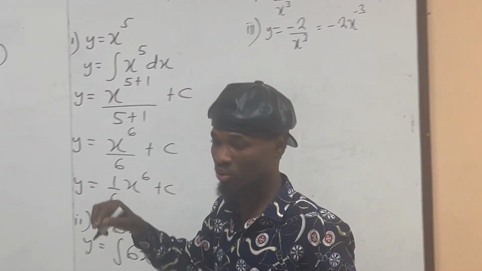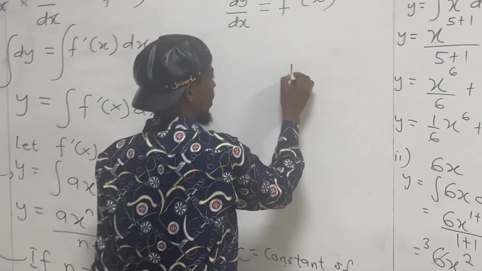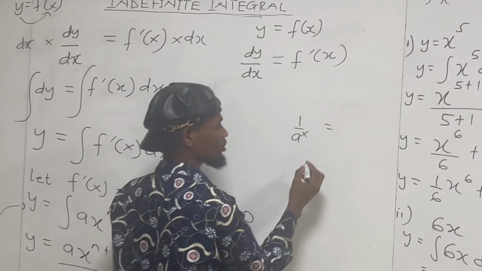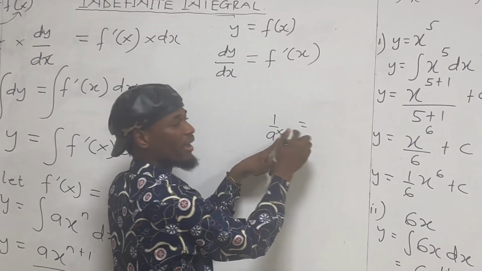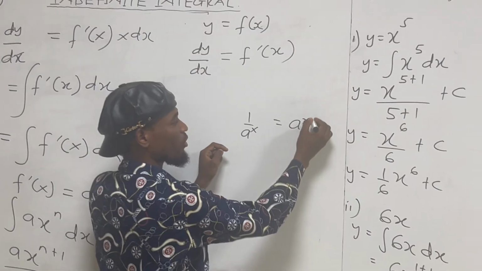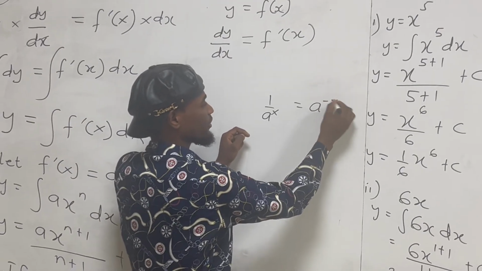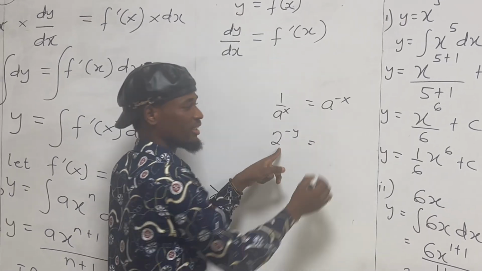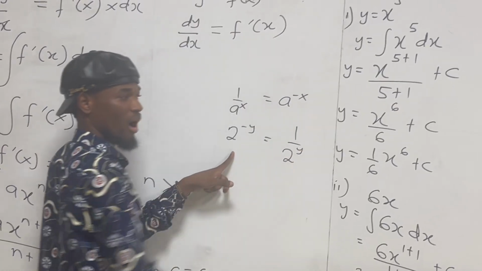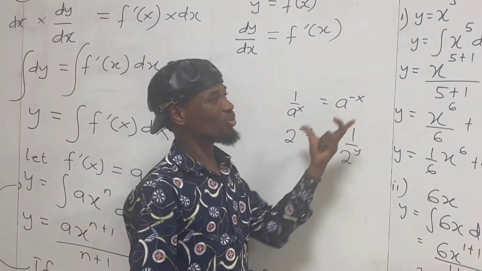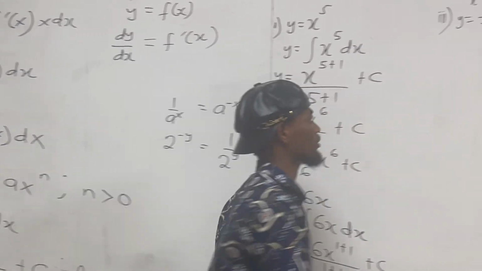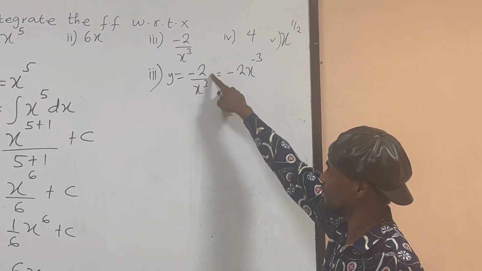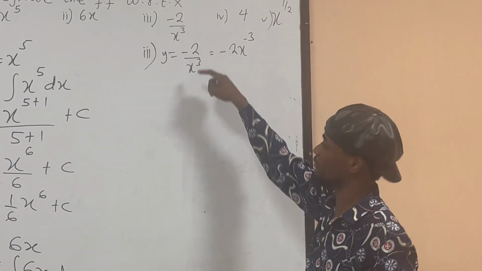So for instance, when you have 1 over a to the power x, this is the same as a to the power negative x. So if I have 2 to the power negative y, this is the same as 1 over 2 to the power y. We are just going to apply the concept of indices. So s to the power 3 comes here. So you are transposing it.